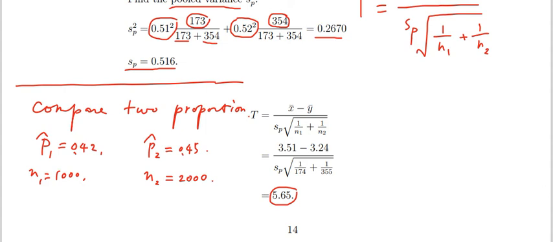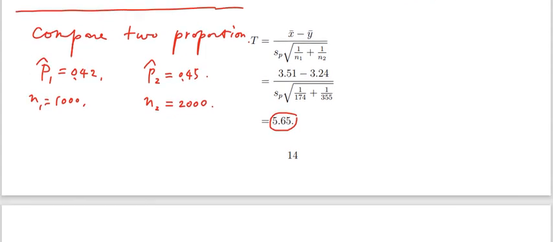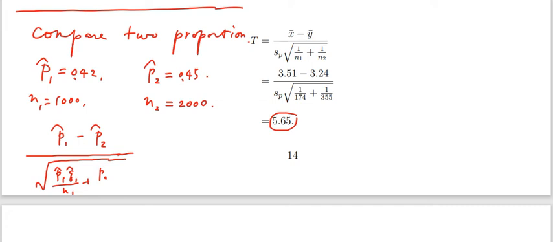Here we find the test statistic. We have two formulas. One is: P1 hat minus P2 hat, over the square root of S1 squared, P1 Q1 over N1, plus S2 squared, P2 Q2 over N2.